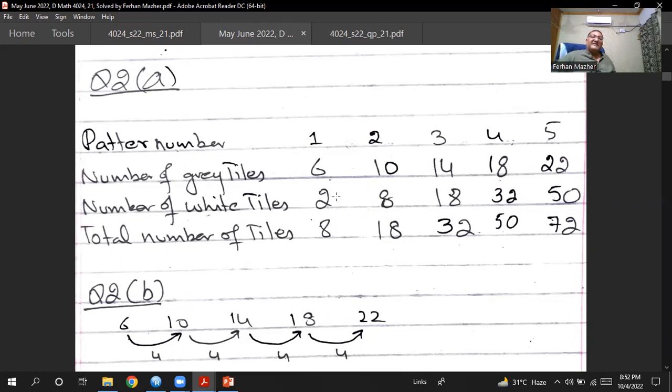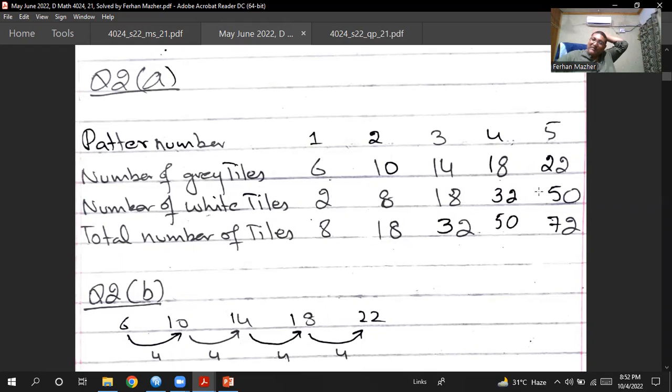So the increment is increased by 4. So 6, 10, 14, and now 18.